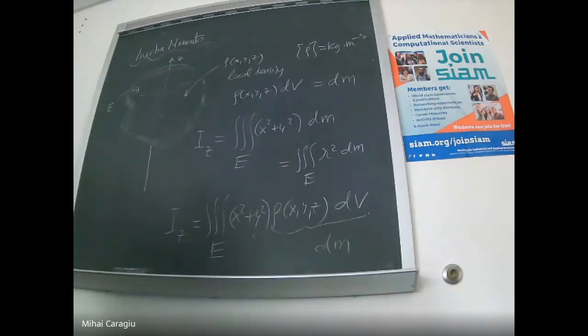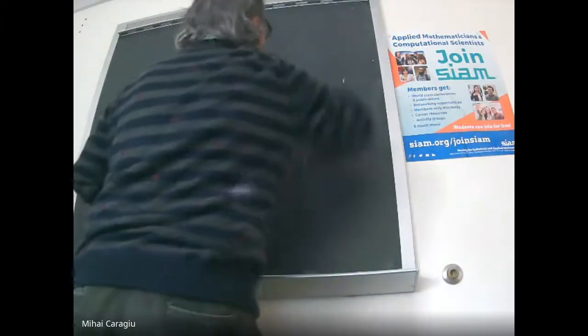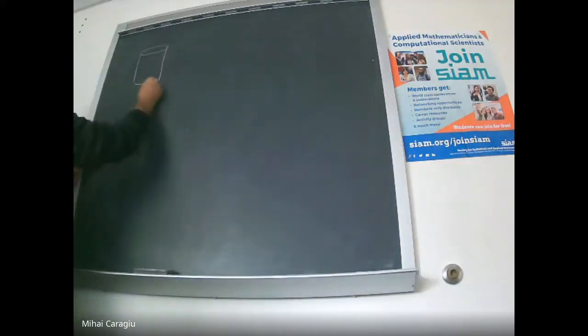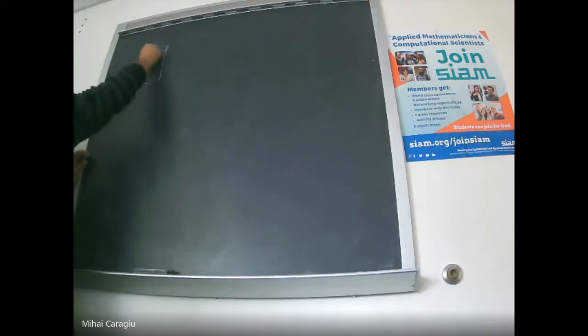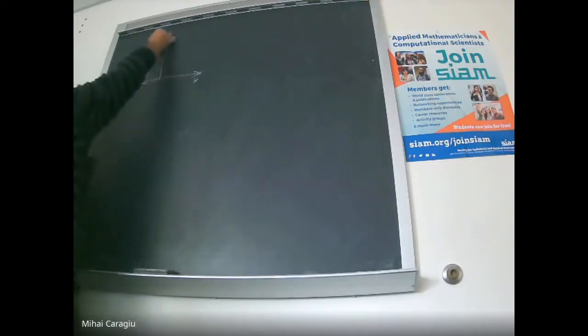Right. Okay, so let's apply this formula to calculate the moment of inertia of a uniform cylinder of mass m and radius r with respect to its axis of symmetry. So let's see. In this case, we've got our regular cylinder, with axes x, y, and z.